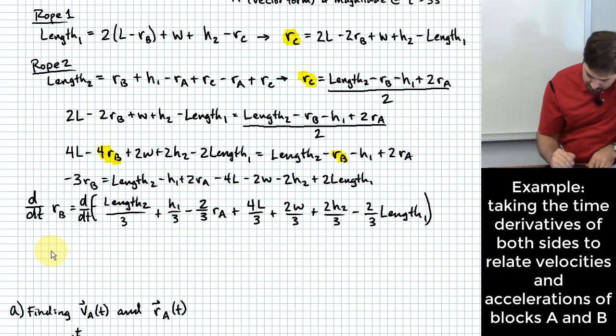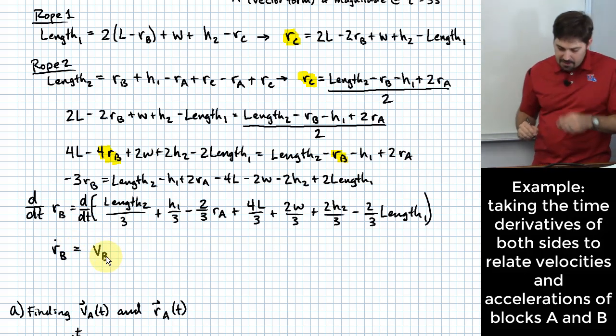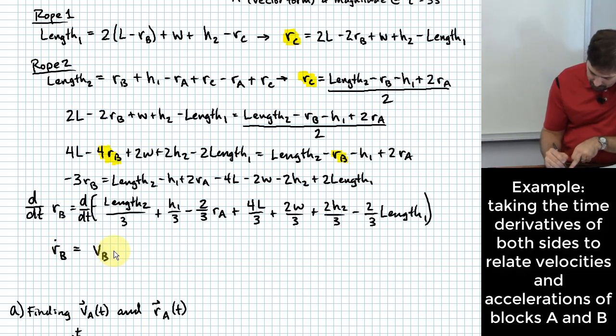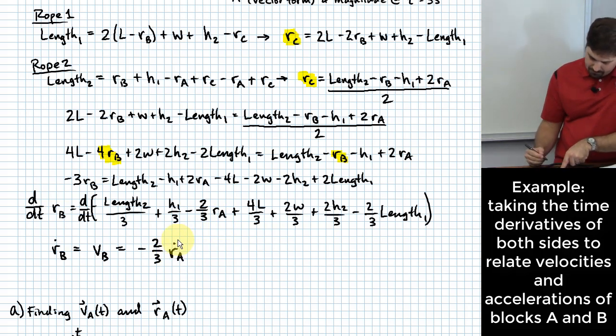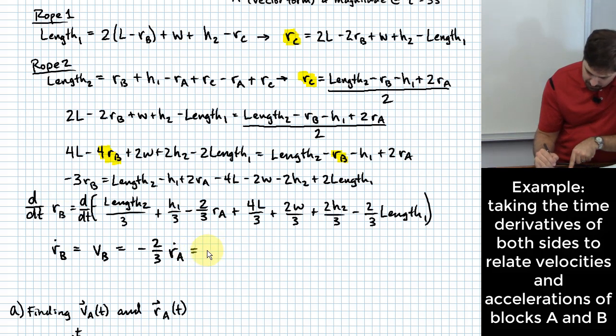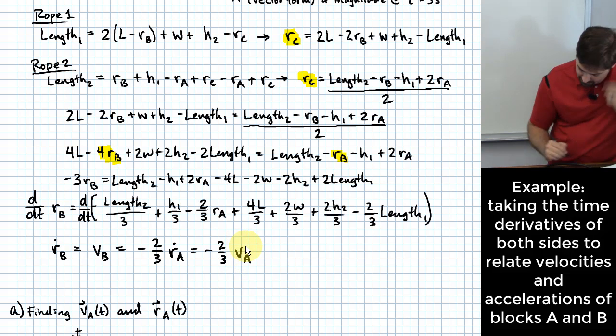And it tells you here that r dot b, which is equal to the velocity of b in the direction that it's traveling, is going to be equal to, 2/3 are just constant, so minus 2/3 of RA dot, which is equal to minus 2/3 of the velocity of A.